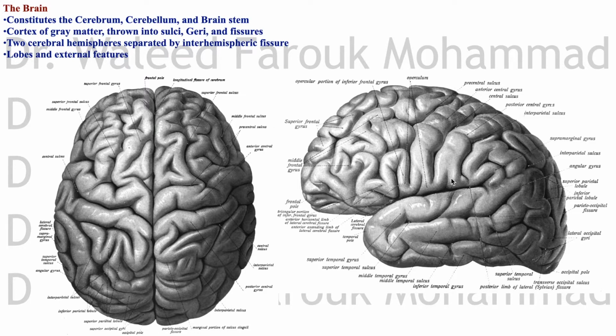Okay, this is the postcentral gyrus, and here you can divide them into superior and inferior parietal lobules. As part of the parietal lobe, at the end of this sulcus are the supramarginal and angular gyri.